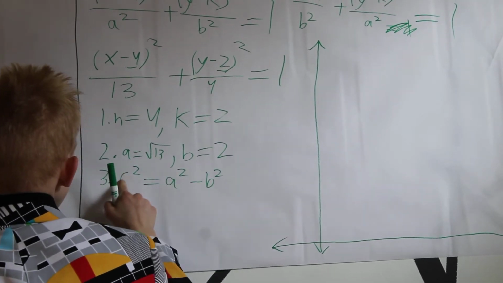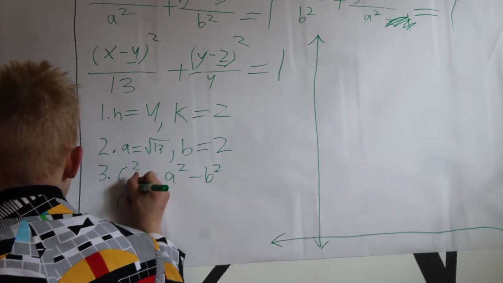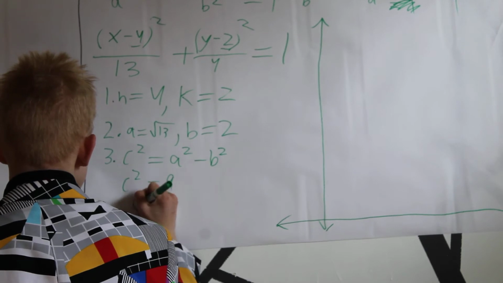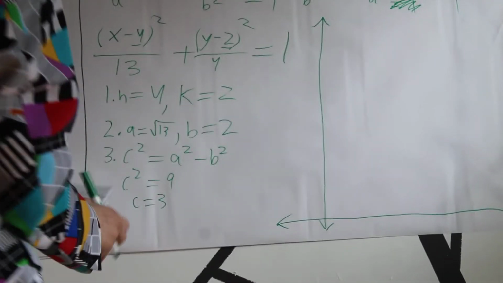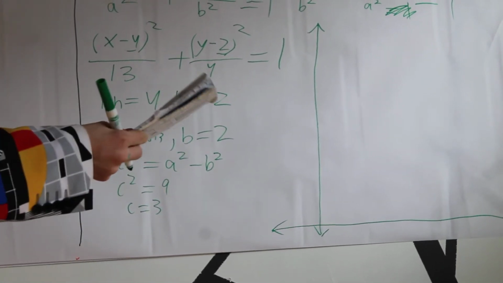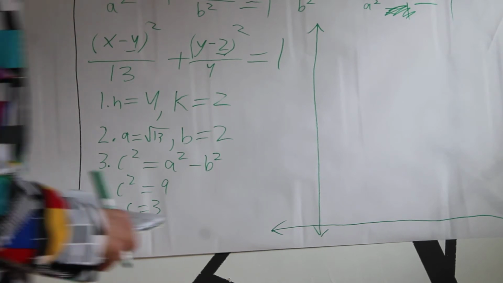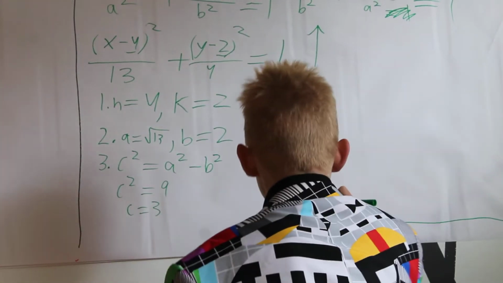So c squared equals 13 minus 4, which is 9. c equals 3. So our c is going to equal 3. So we have a, b, c, h, and k. We've got pretty much everything we need, and now we can graph. So I'm going to do my little check marks real quick.